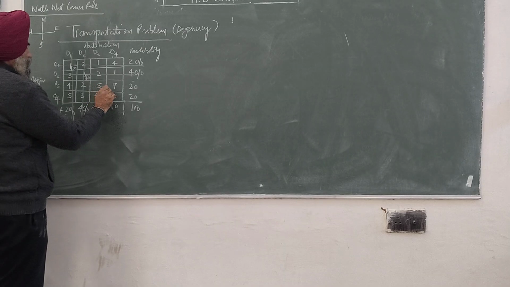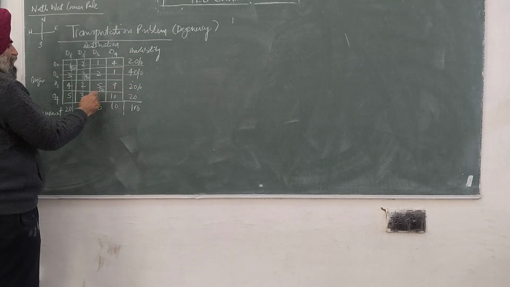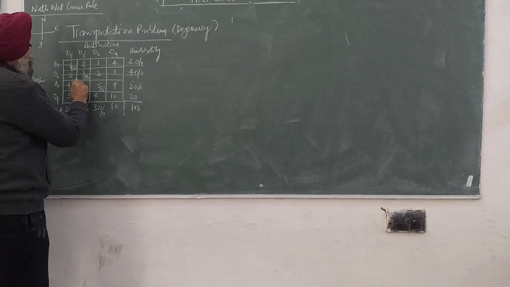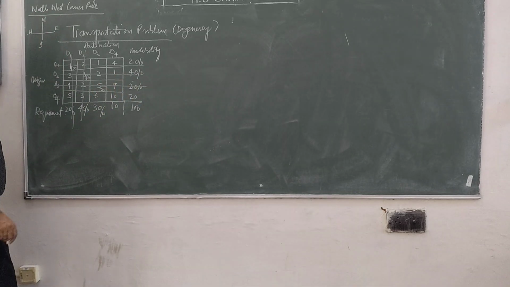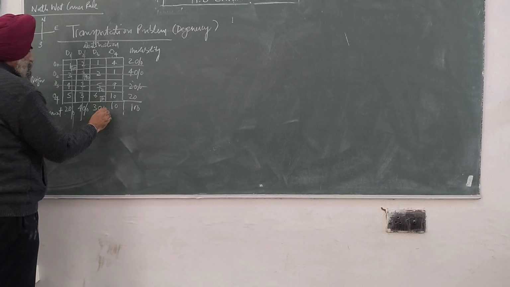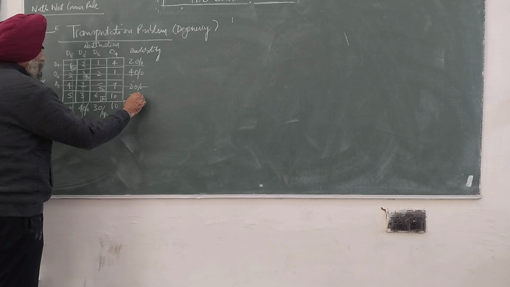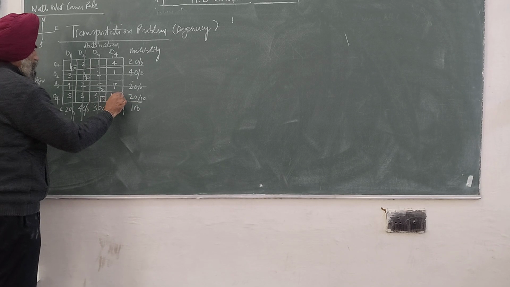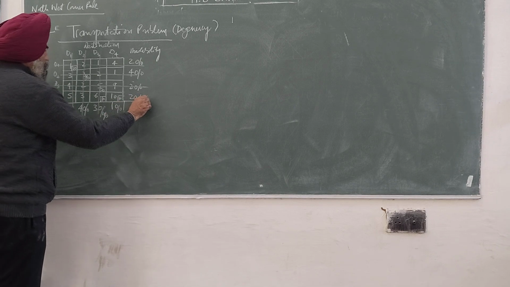You put the minimum of availability and requirement, and this row has been exhausted. Then here it is 10, this is 0, this has been exhausted, this is 10, this is 0, this is 0.